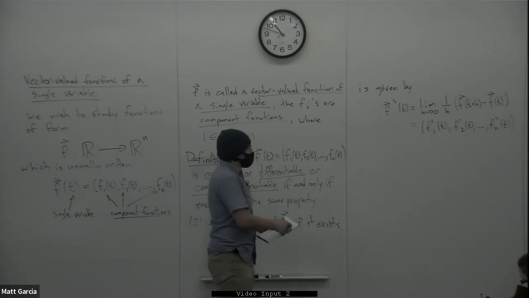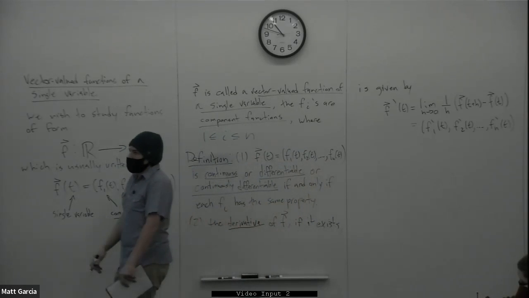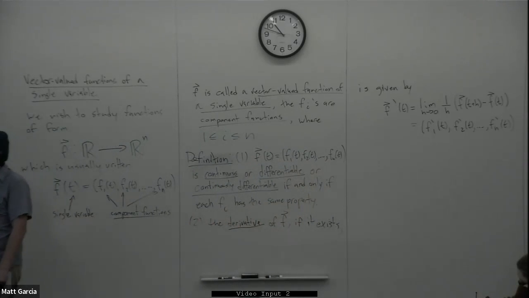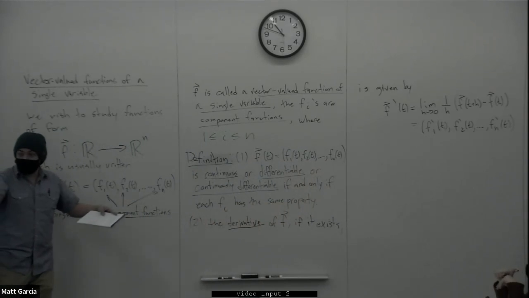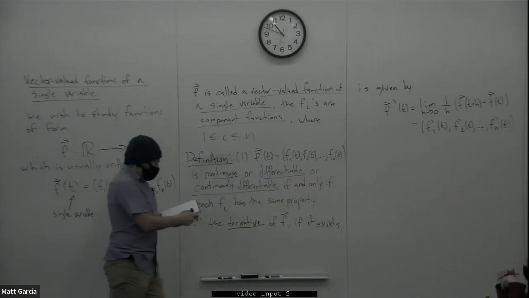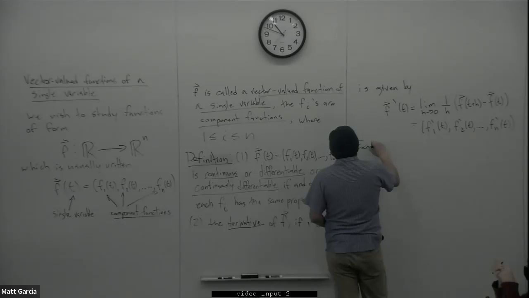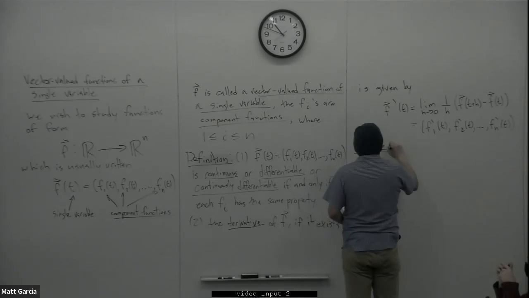Okay, so can anybody tell me an example that we've already worked with extensively of a vector valued function of a single variable? Yeah, a parametric equation of a line, say. Good.